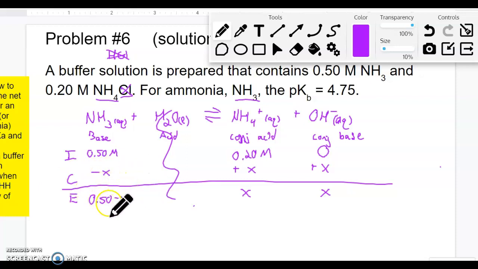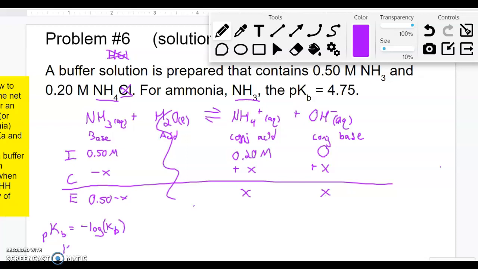Now that I have those, I want to use it in my K value. They tell me pKb. Oh, nuts, they tell me pKb, but I need Kb. Remember, pKb is equal to the negative log of Kb.